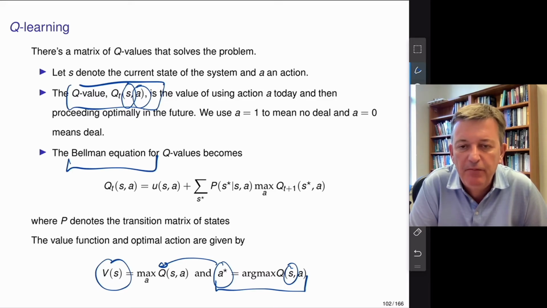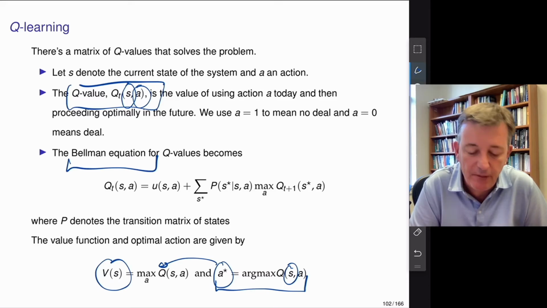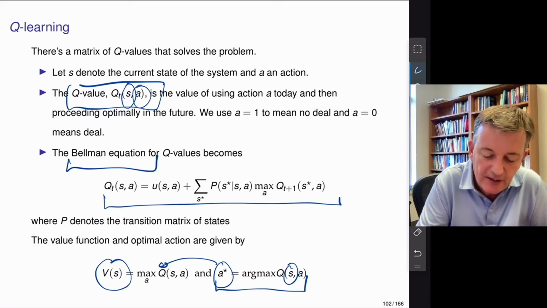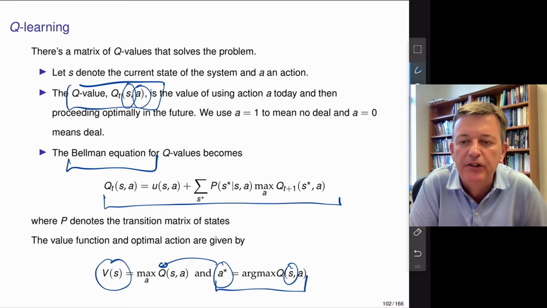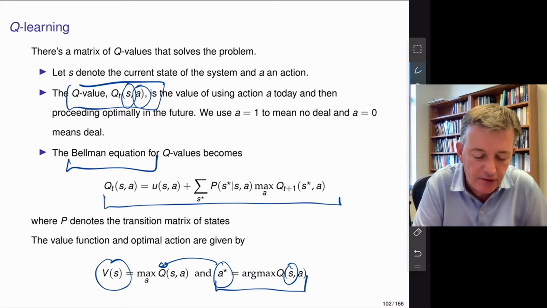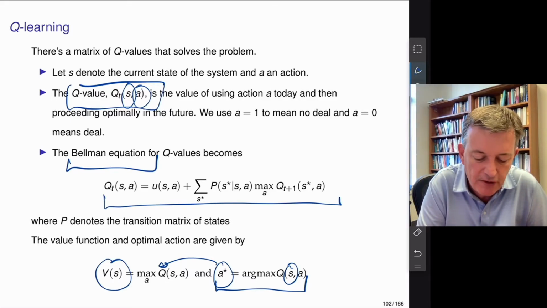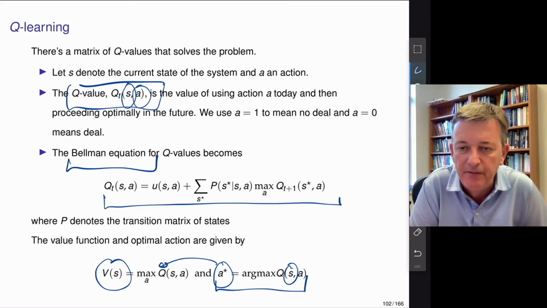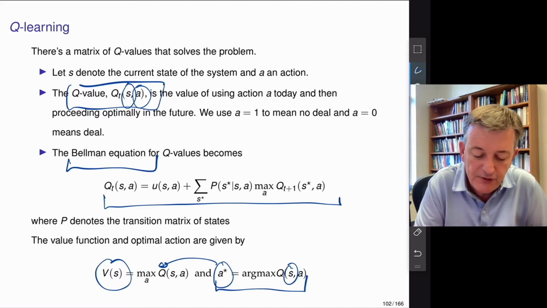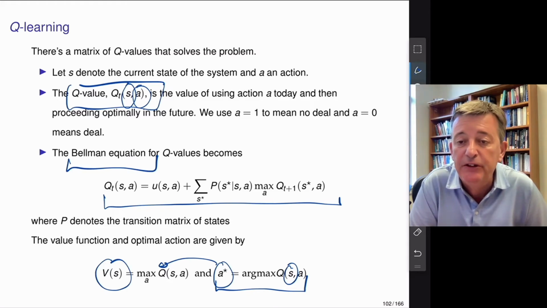So mathematically, in some sense, a simple problem. What's difficult is that it satisfies a rather complicated equation. So let me super quickly explain that. The Q matrix at current time t is instantaneous utility plus what's known as the continuation value.